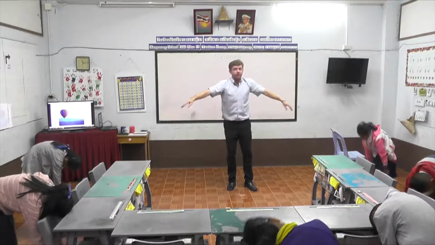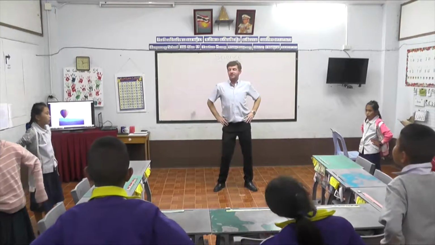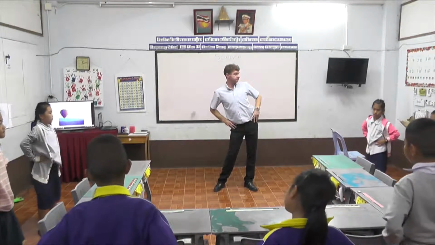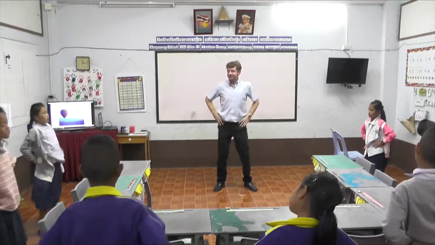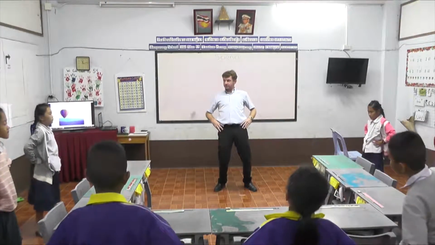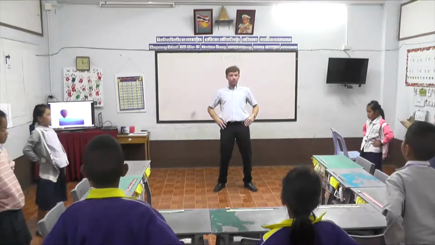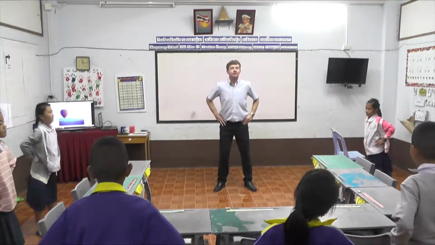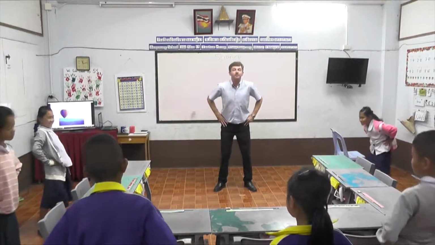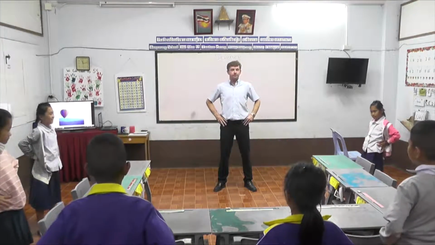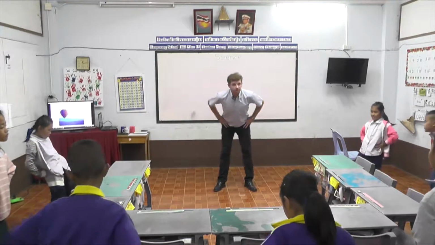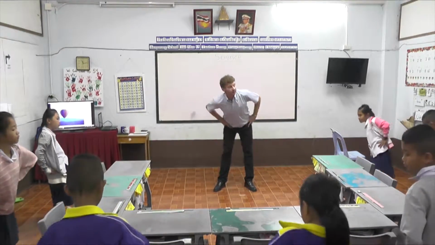Now we'll stand up, hands on hips, and let's have a wiggle. Stop. Another wiggle. Stop. Forwards, backwards, forwards, backwards, and stop. Now we'll go round and round, exercise our spines, round and round.